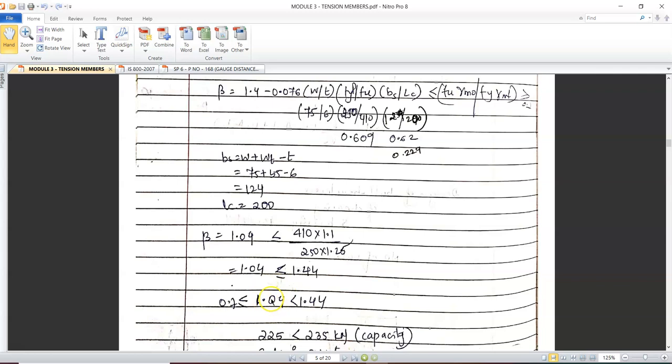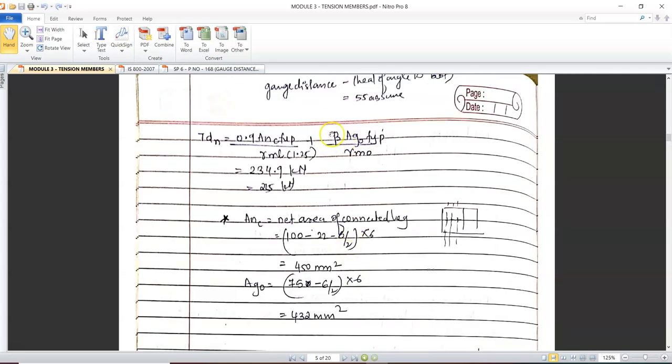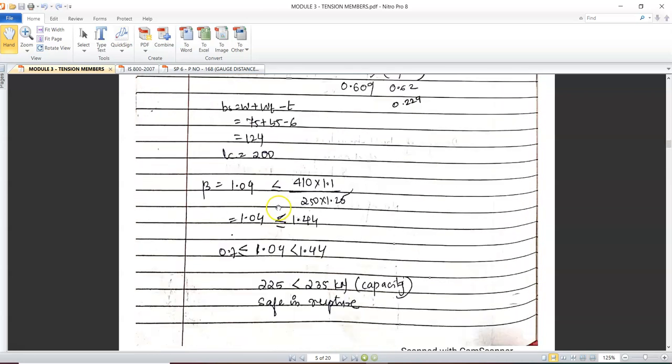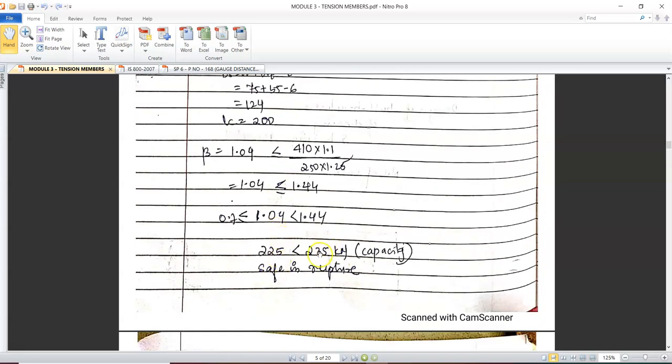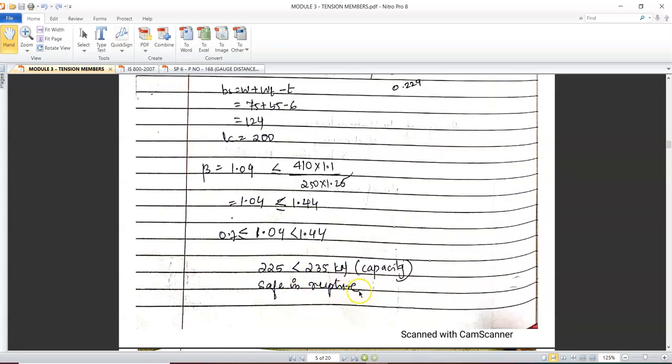Now substituting the value of beta back here, and the values of A and C and AG naught, you will get the value of TDN as 235 kilonewton, which is greater than 225 kilonewton. Therefore, the section is safe in rupture at critical section.